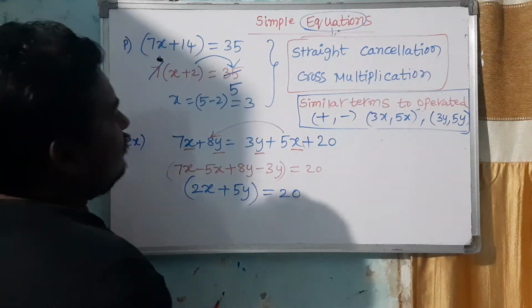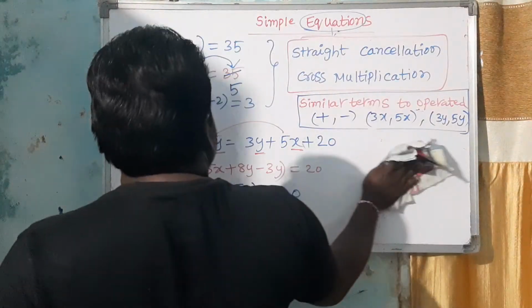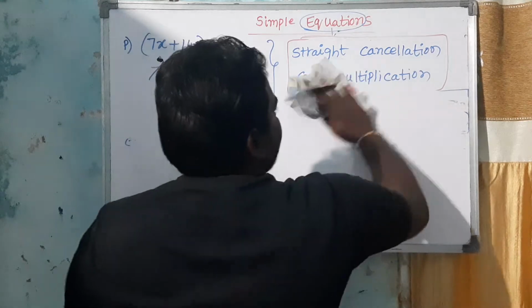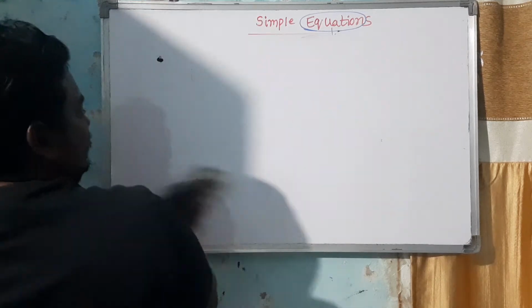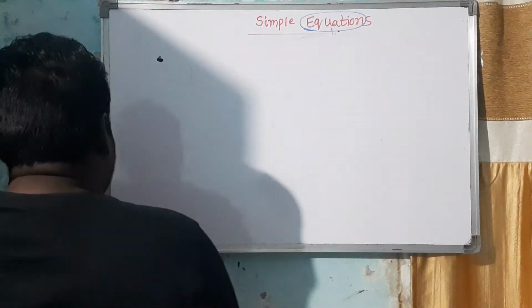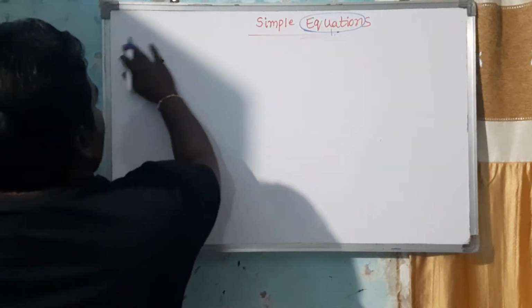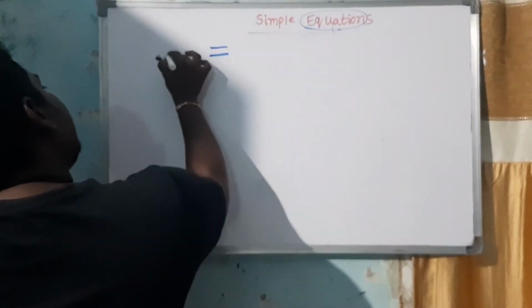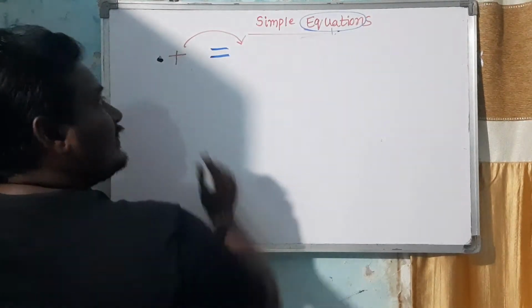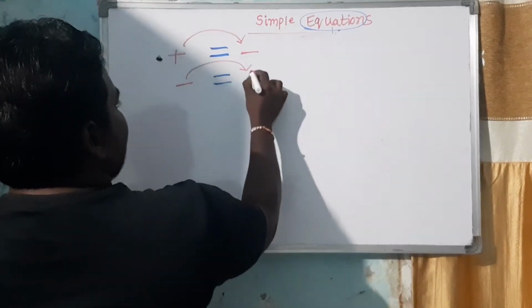Now, what are those transformations? Let me see. Those transformations are nothing but, if you take the equal to symbol here, if you take plus this side, it will be minus. If you take minus this side, it will be plus.